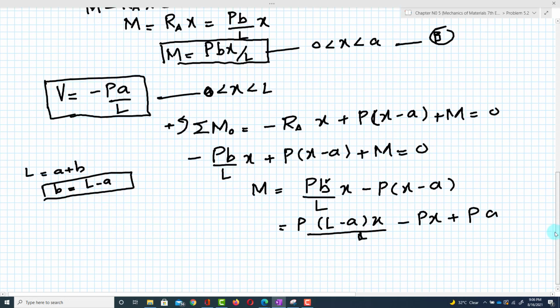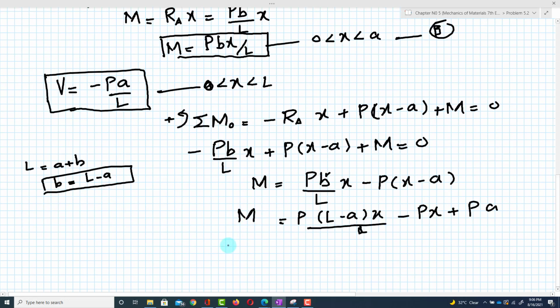So if you further simplify it, this M will be equal to P L into X divided by L minus P A X over L minus P X plus P A. Clear?